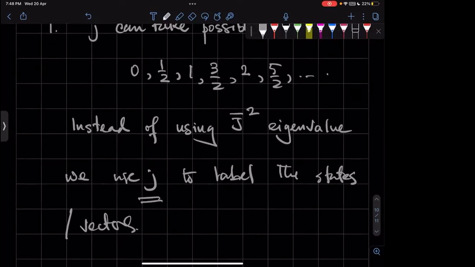J is just a number, and J squared is a vector operator with three components. But we use J because if I give you J, you can easily construct J(J plus 1), which is an eigenvalue. So this is a convention.